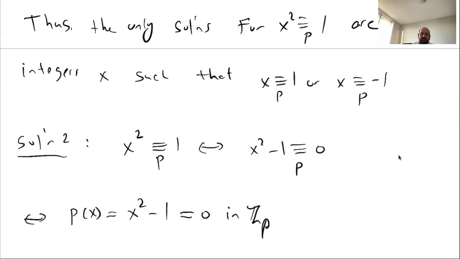X squared -1 congruent 0 mod p is the same as saying that x squared -1 equals 0 in ZP, because, as I repeated many times today, the equality of two numbers in ZP means that those two numbers are congruent mod p.